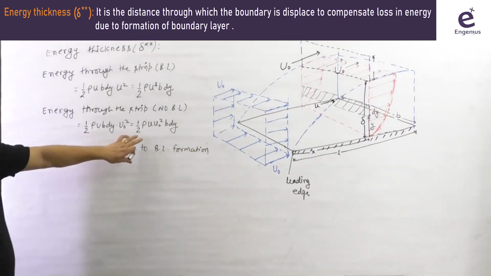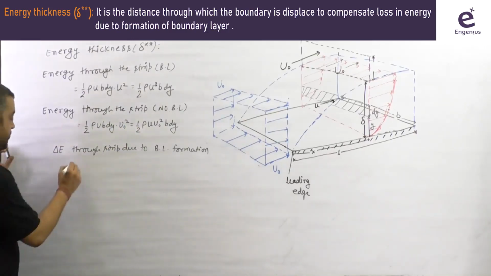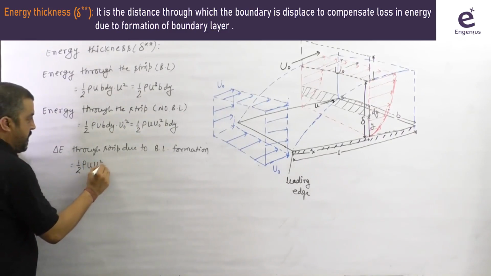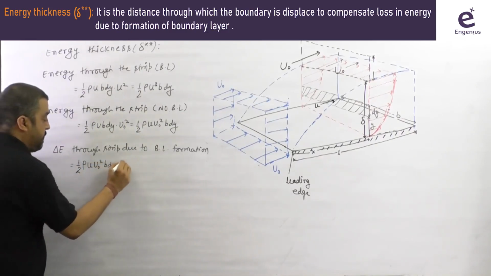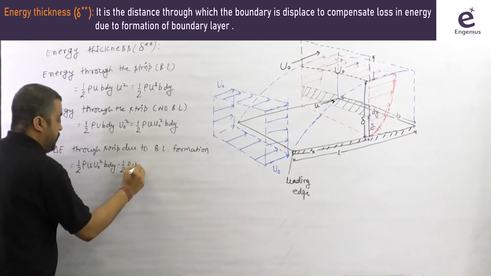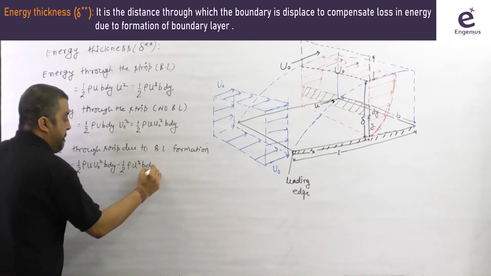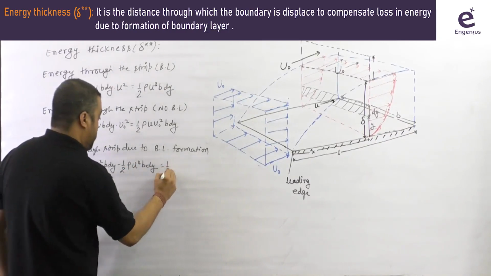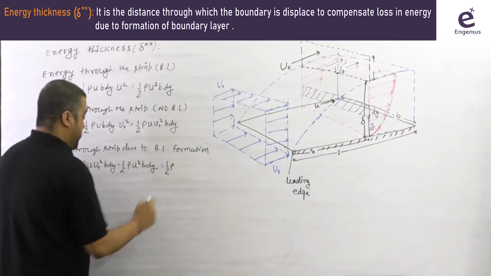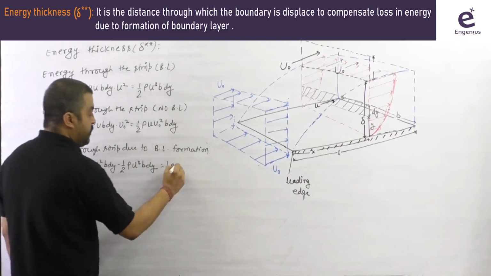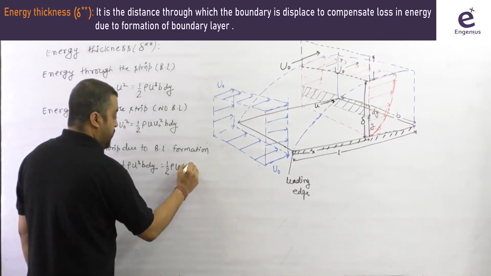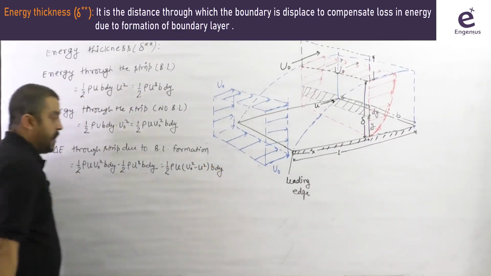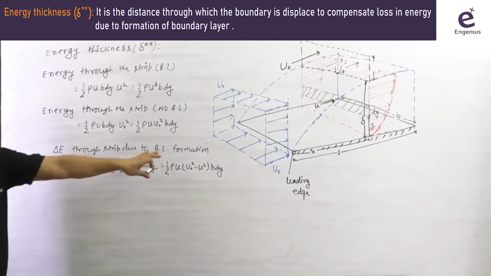Obviously we subtract one term from the other: 1/2 rho u naught square b dy minus 1/2 rho u cube b dy. There is a loss here. We can take 1/2 rho common, and also u common. The remaining terms are u naught square minus u square into b dy. So this is the loss of energy through the strip due to the boundary layer formation.